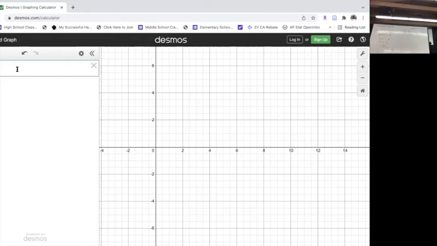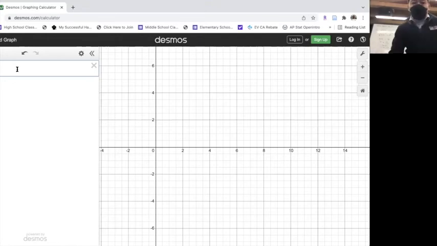That simply means, when we say equal to, we're finding the intercept point. That's the intersection point.